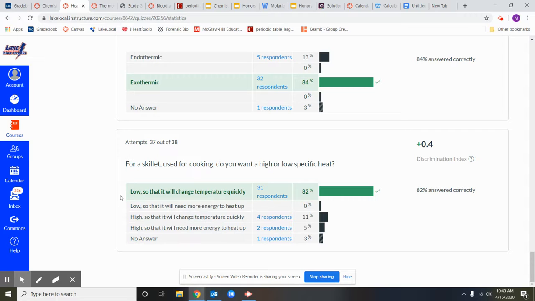Low specific heat means that you have the same amount of energy, but it's going to change a lot faster. So it's going to heat up quickly. If I had a high specific heat, I would be standing there for a very long time waiting to see when my pan heats up. So low, so that it changes quickly, is your answer for that one.